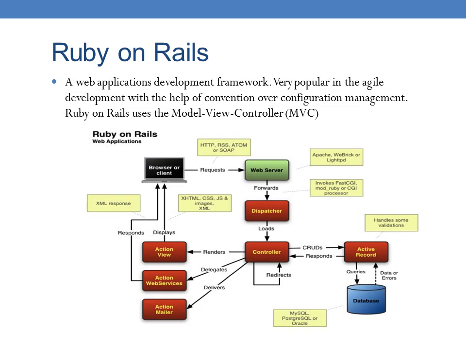The web server only forwards through the dispatcher. So the controller only decides what action needs to be provided. That will be a render or a delegate or a deliver. Using that, finally it provides the output to the particular browser.